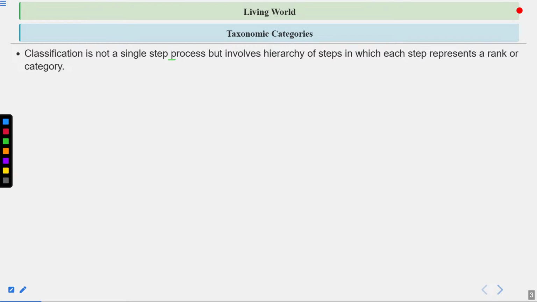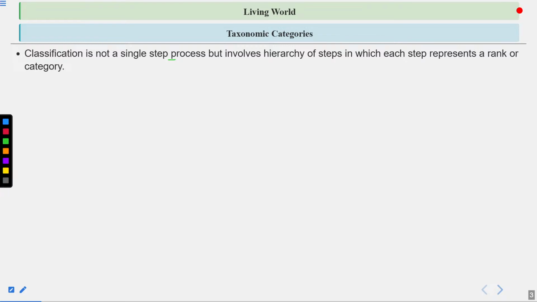So for example, dogs is a particular category. Then dogs are mammals, so mammals is also a category. Then mammals are included in animals, so animals is also a category. These are all taxonomic categories. These are all groups, and these categories are made on the basis of shared characteristics.